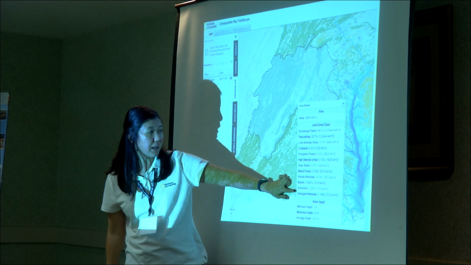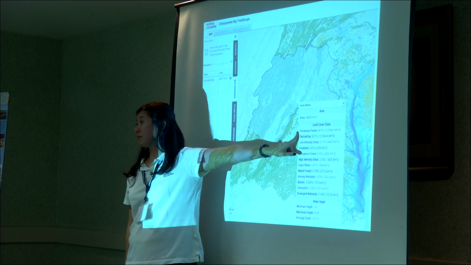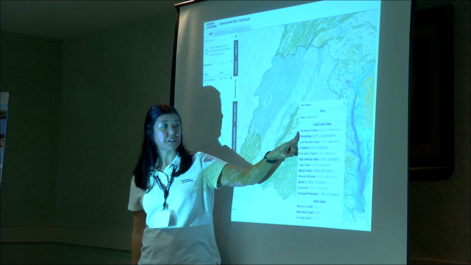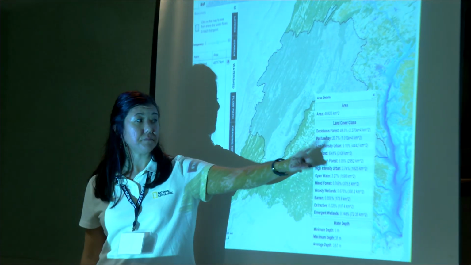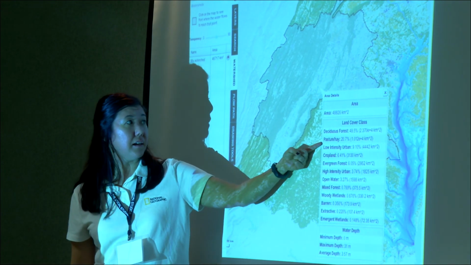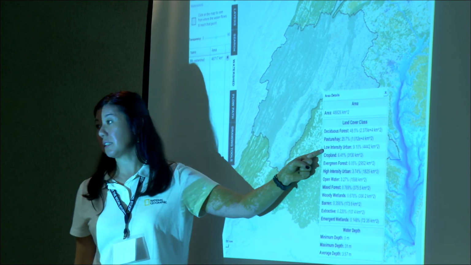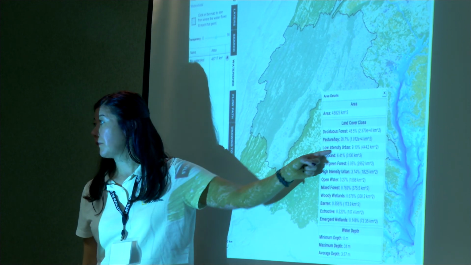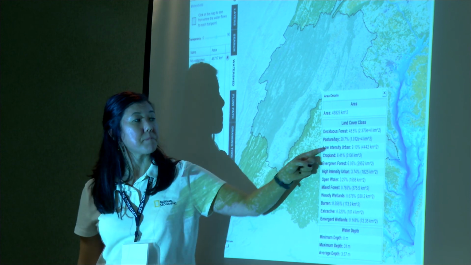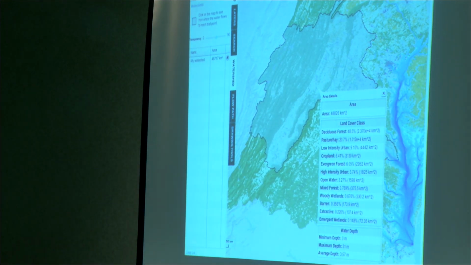There's not a whole lot. It's mostly classified as deciduous forest, 48%, actually 48.5%. It also gives me the area as well. A lot of it's pasture hay, and then the rest is low intensity urban. So very little urban land features in this particular watershed.